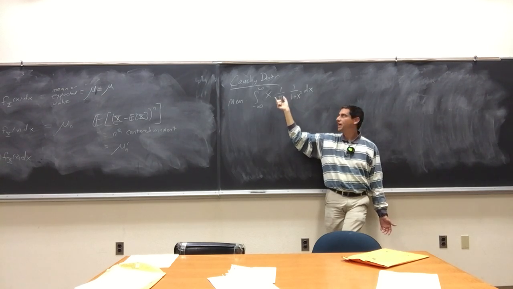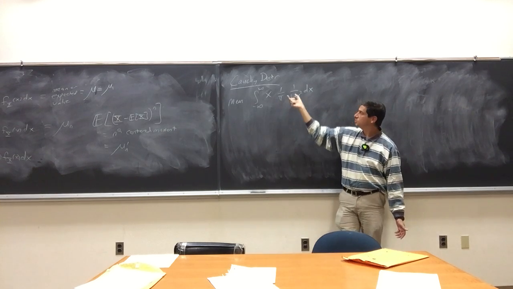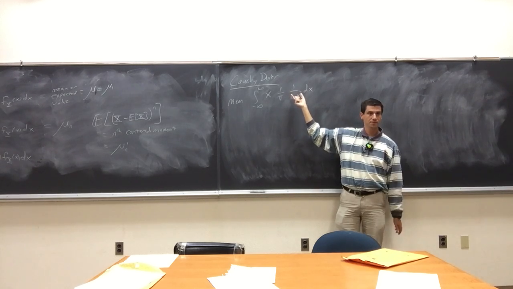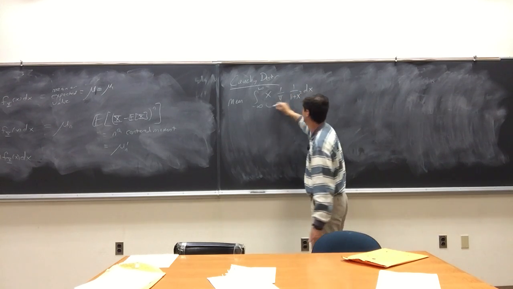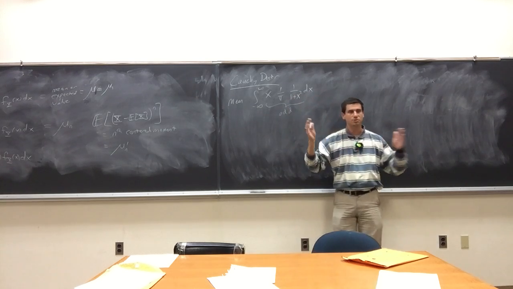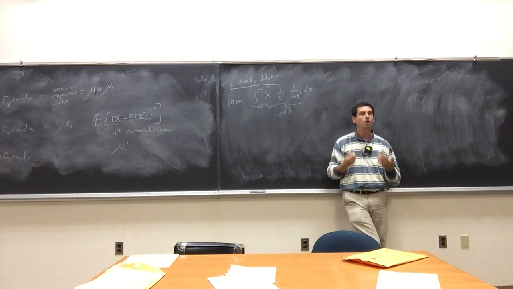If I compare its value at say 5 and negative 5, how are those values related? What's the relation between the value of this at 5 and the value of this at negative 5? Yes, it's the negative. This is an odd function. What's the integral of an odd function over a symmetric region? 0. So you want to say that this has 0 mean.